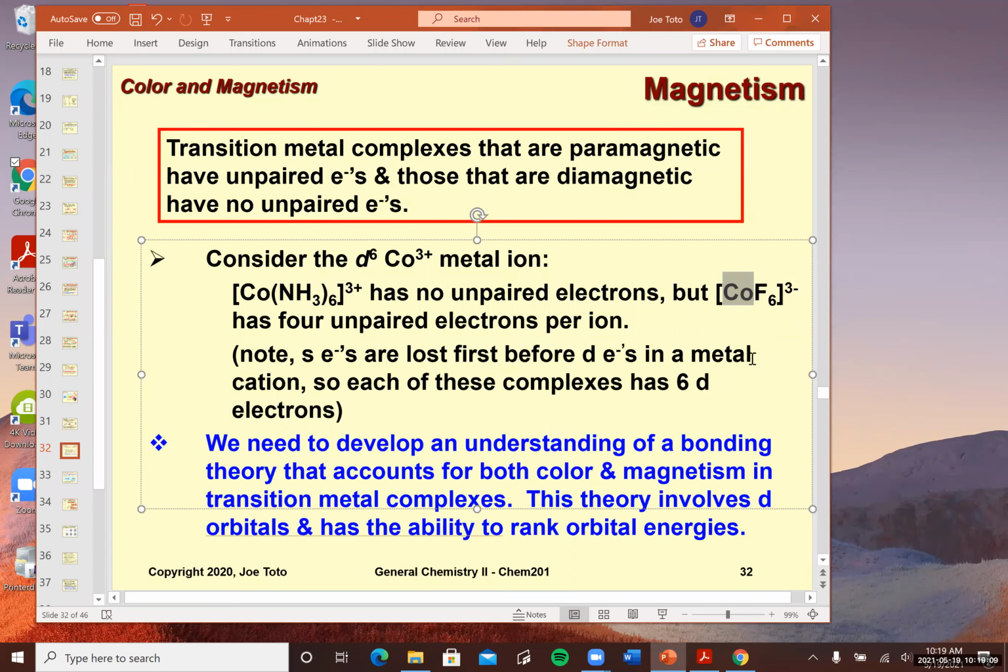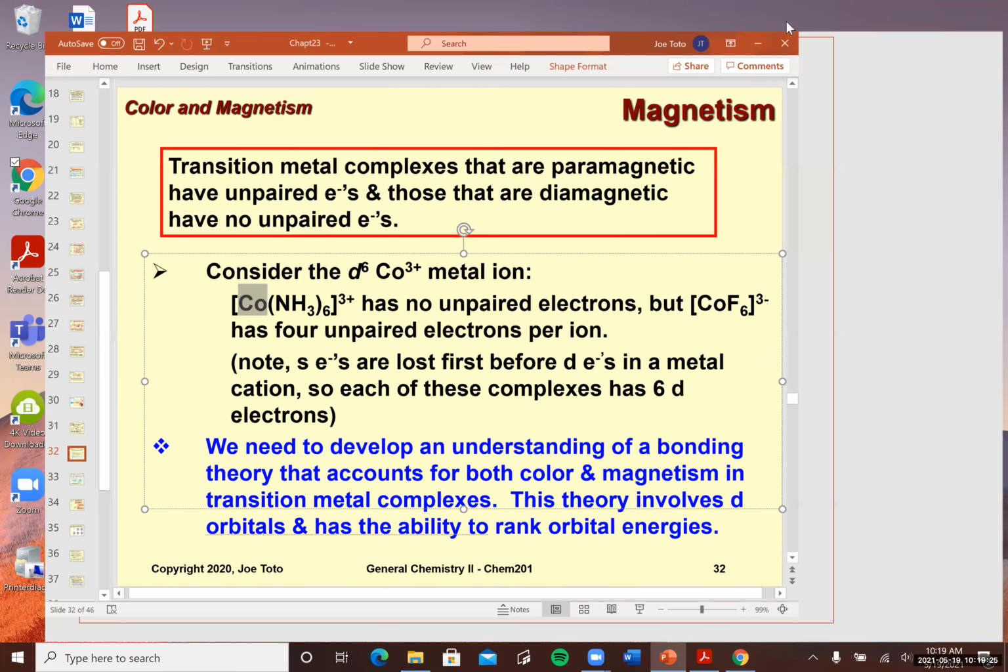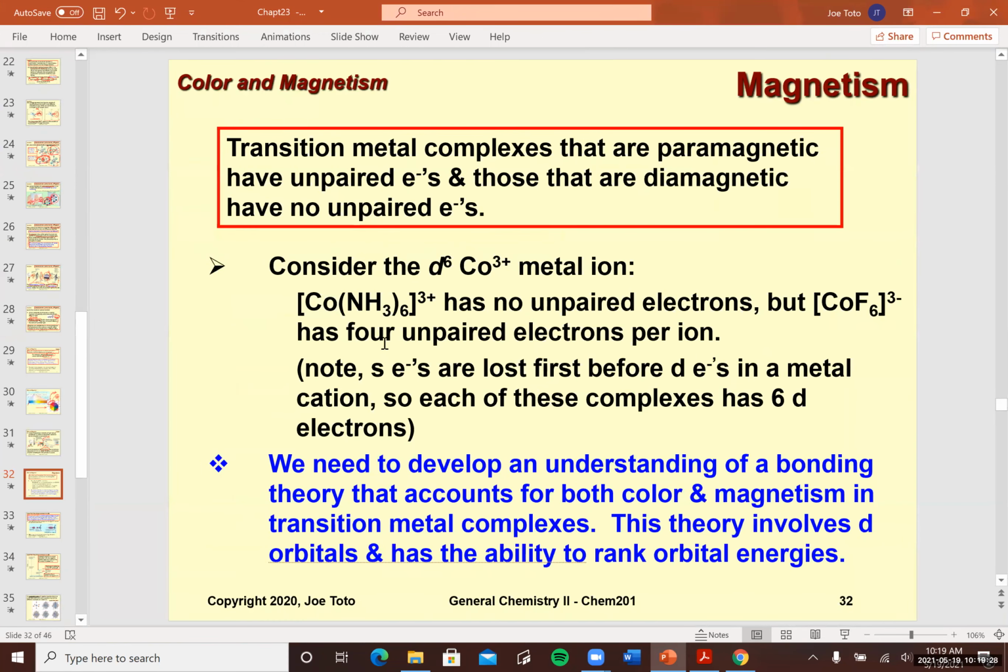So again, cobalt is +3 in this complex and +3 in this complex. Does everybody see that? +3 in both cases? Yeah, you see that? Because you're going to have to be able to do that in order to work these problems. All right, now that's just the first step.